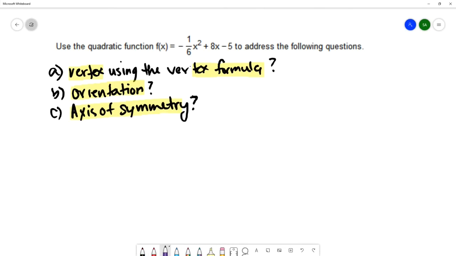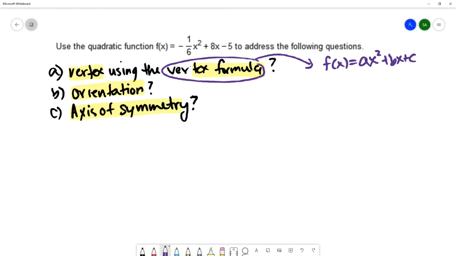So let's start off by stating what the vertex formula is. If we have a quadratic function in standard form, general form, ax squared plus bx plus c, then the vertex will be an ordered pair (h, k), and we have a formula for the x-coordinate, and that's negative b over 2a, and then for the y-coordinate, we're just going to substitute that value of the x-coordinate into the function to get the y-coordinate.